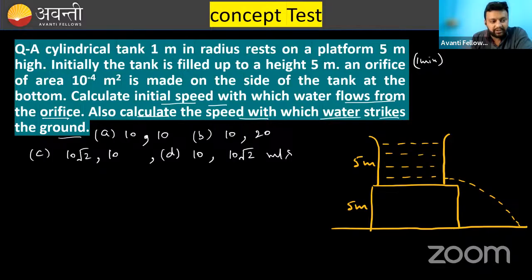All units are in meter per second. You need to select the right option. First part and second part are the two answers of the question. You need to pick one option. Comment quickly if you can solve it.